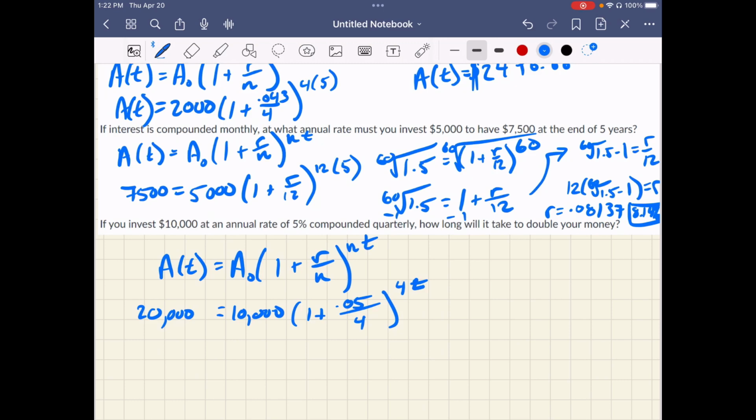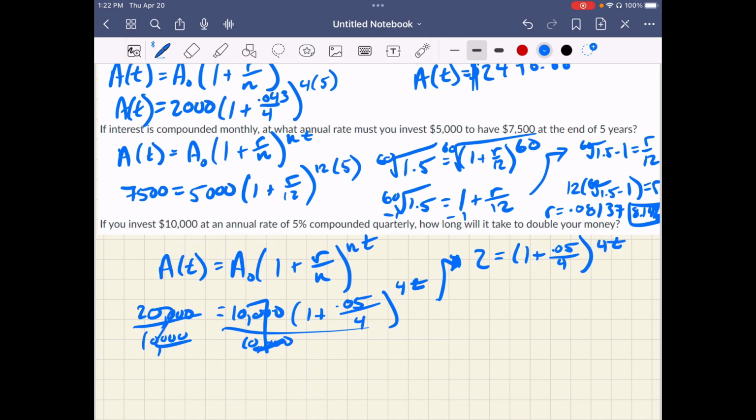All right, so first thing I want to do is simplify this a little bit. I'm going to divide each side by 10,000. And that simply becomes a 2, right? This becomes a 1. So now what we have is 2 equals 1 plus 0.05 over 4 to the 4t.